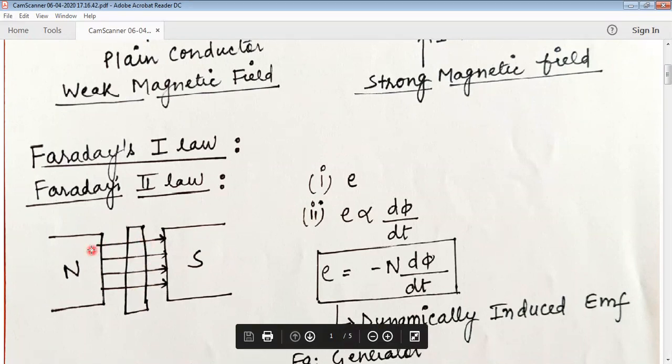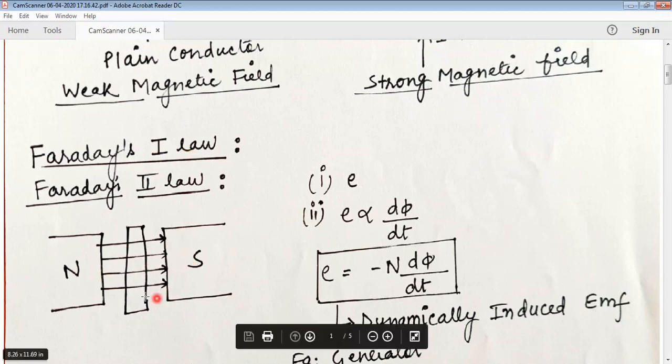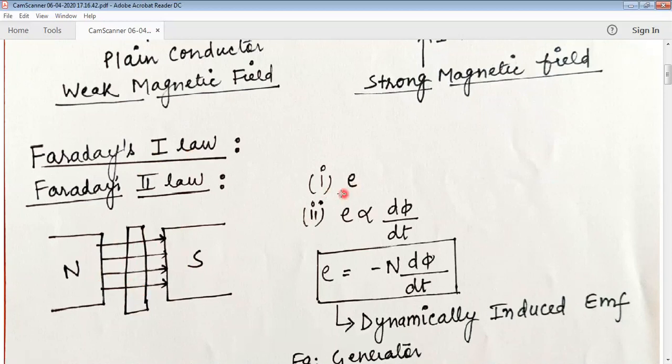The magnetic field because of these two poles is created like this, with the direction of the magnetic field from north pole to south pole. According to Faraday's first law, when the conductor cuts the magnetic lines of force, an EMF will be induced in the conductor.